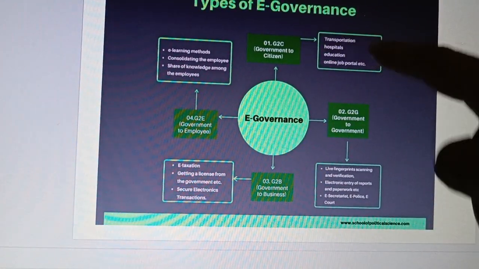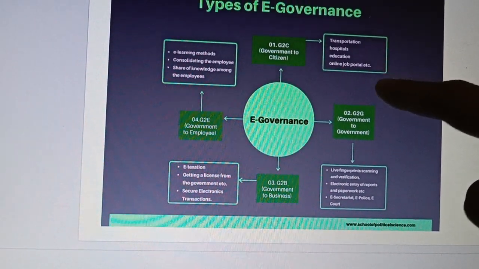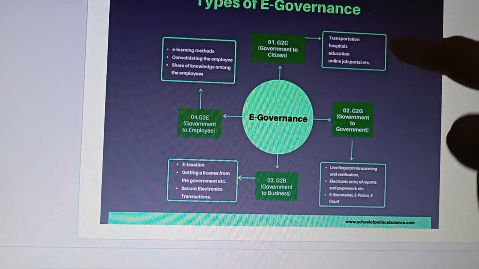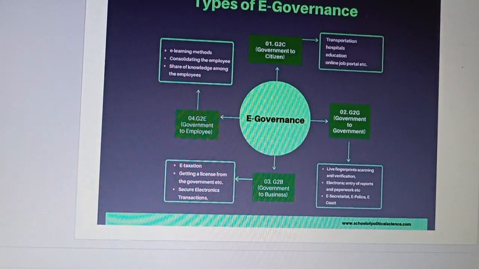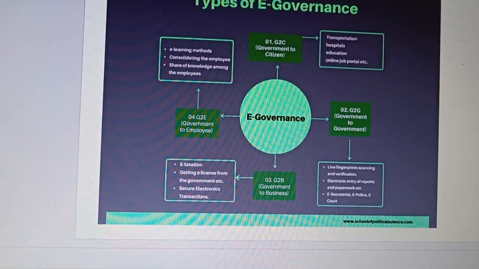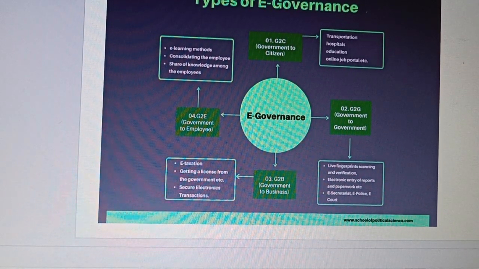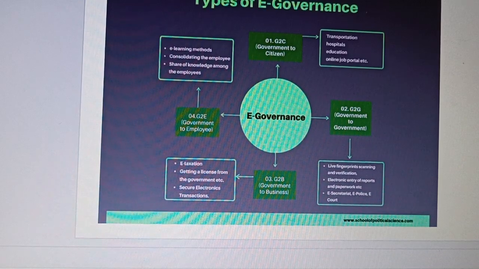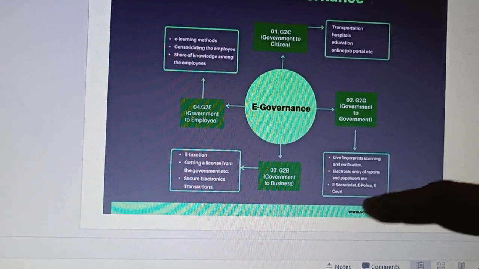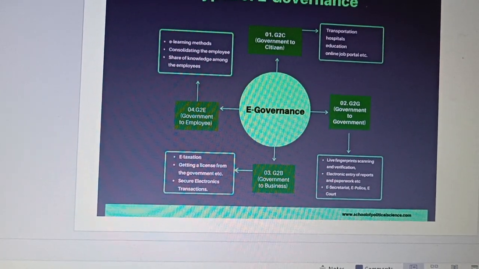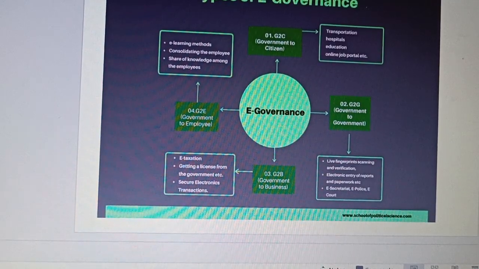In G2C, we use transportation, hospitals, education, and online job portals, that is government to citizen. In government to government, we have government work like the EVM machine used in voting, fingerprint scanning, and scanning policies.